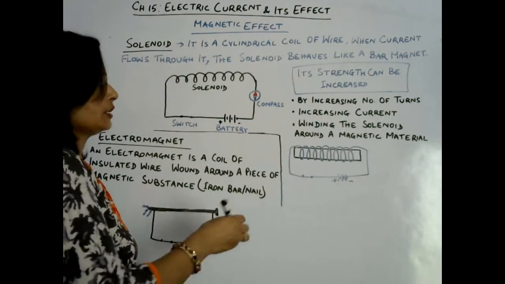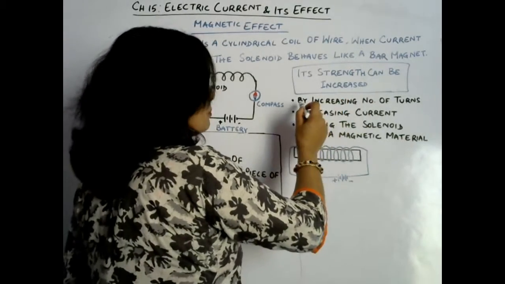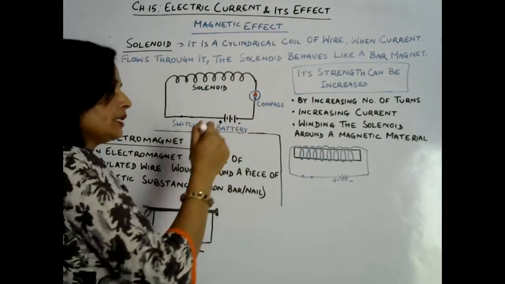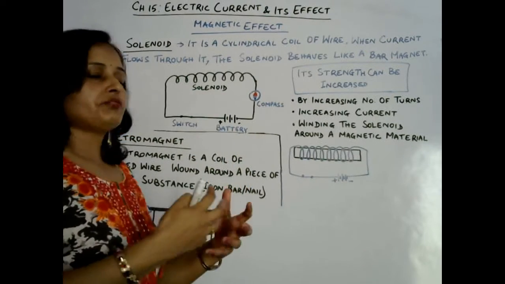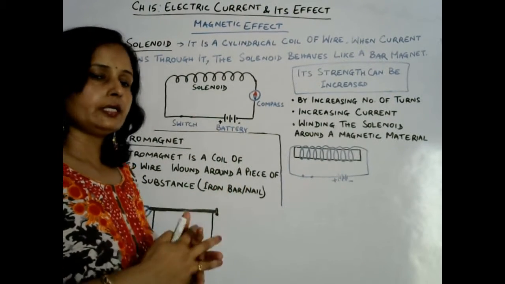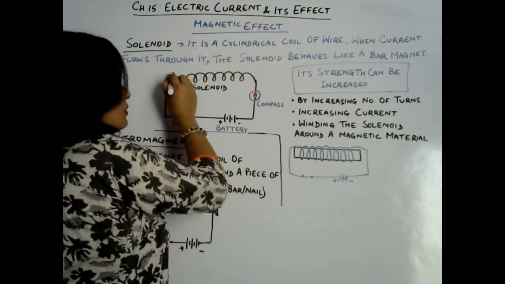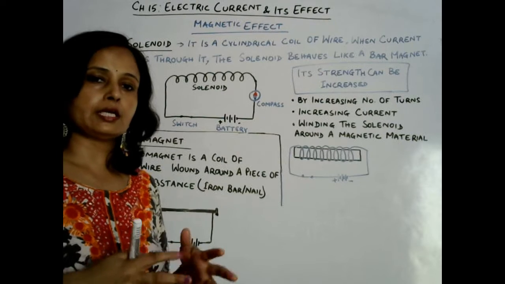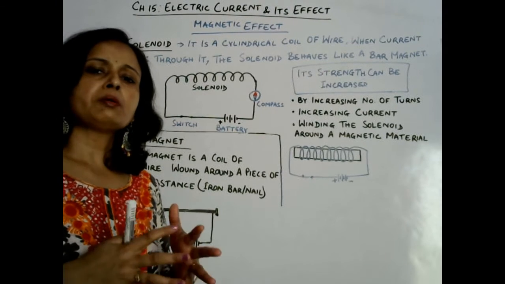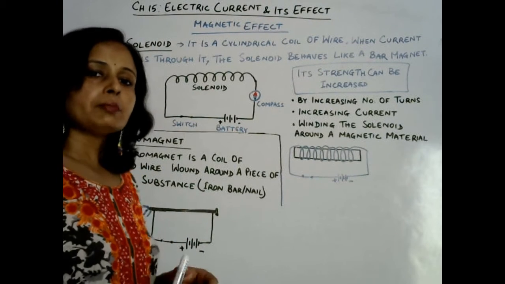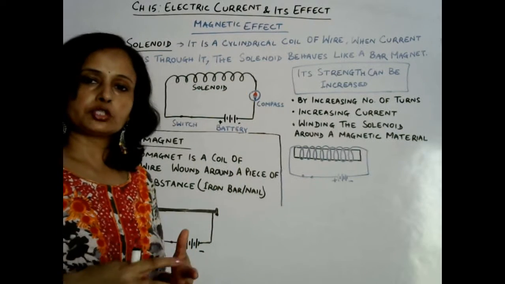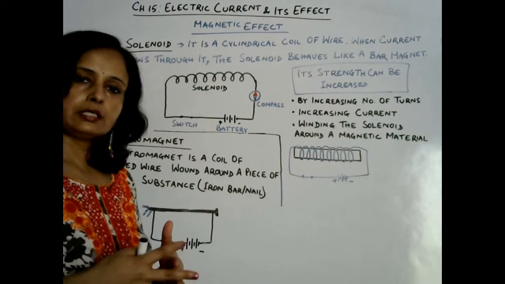So its strength can be increased by increasing the number of turns. If the number of turns increases, the effect of the solenoid will increase. If the wire is simply in a straight line, then that wire will not show much magnetic effect. But if we make a coil of wire, then that wire will show more magnetic effect.